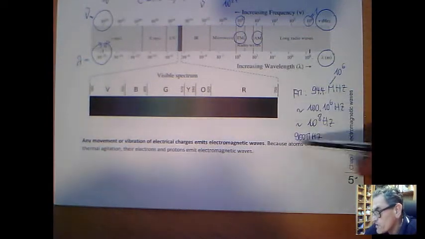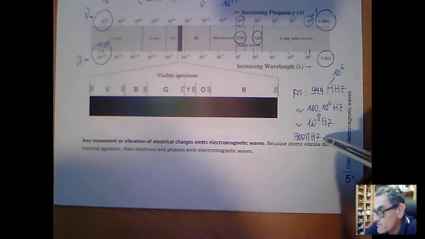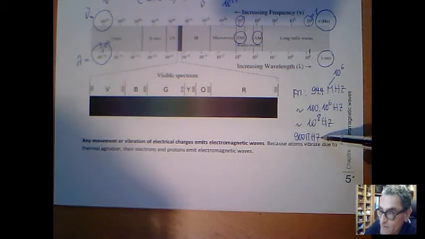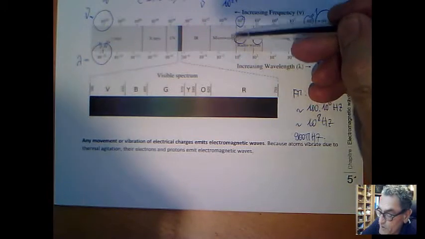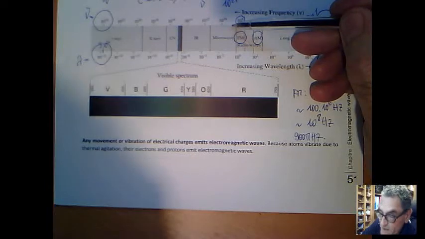One sure thing about these frequencies of the mobile phones is that they have the capacity to heat up a bit the human body, because they are in the microwave area, and microwaves are well known to be heating up stuff.